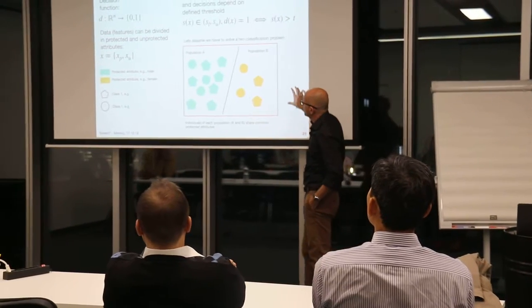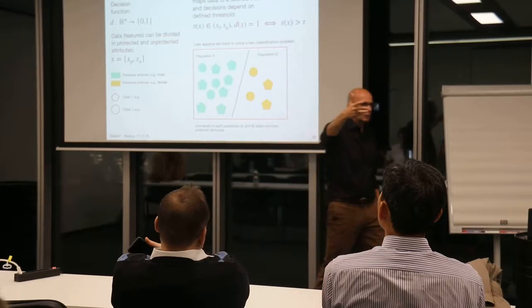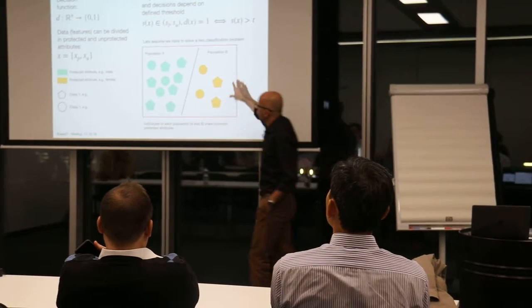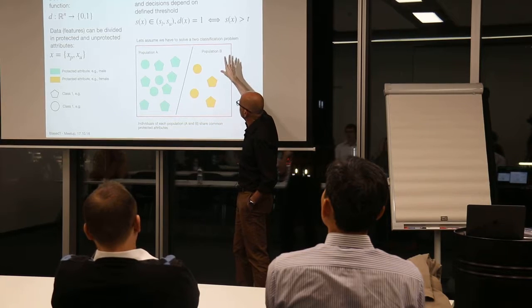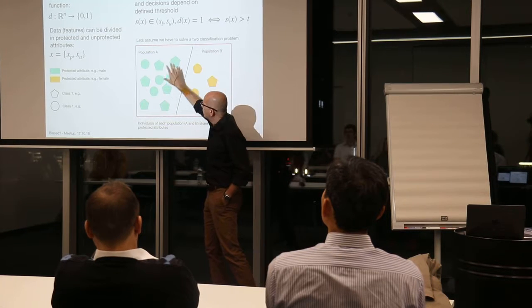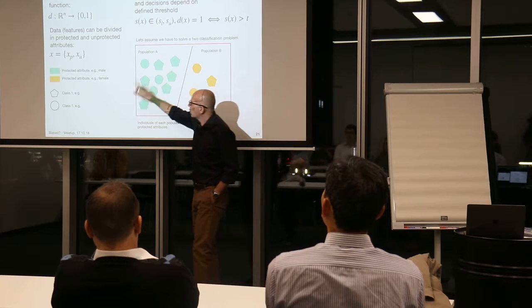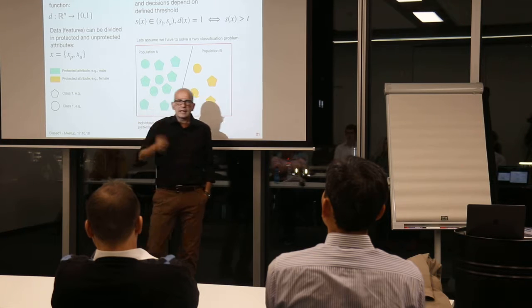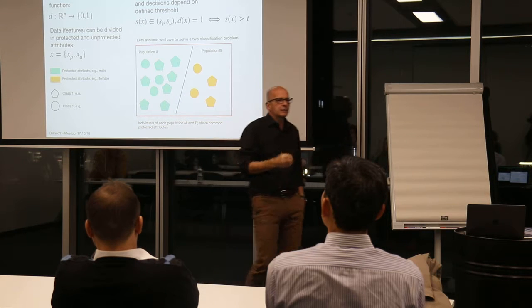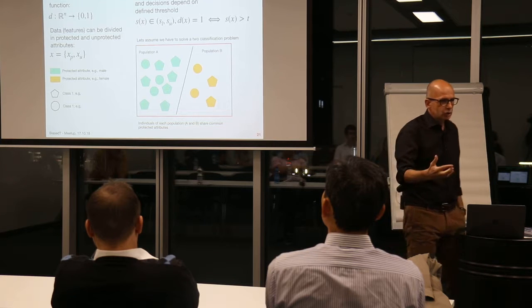Basically, assume the following simple case. We have a two classification problem, so you can just look first at this picture here. Let's say we have two populations, and the populations are defined in that they share so-called protected attributes. A protected attribute is something like male or female or the age and so on.